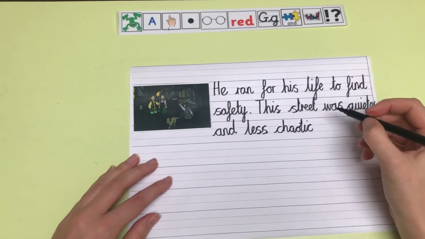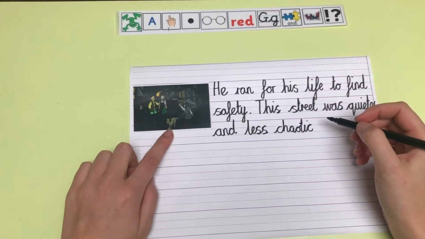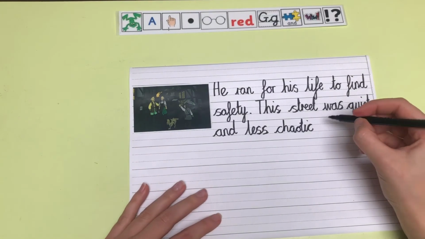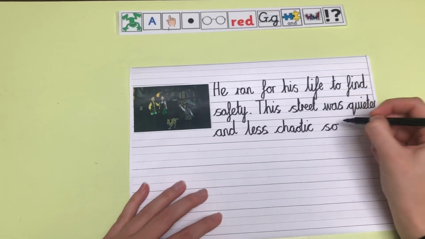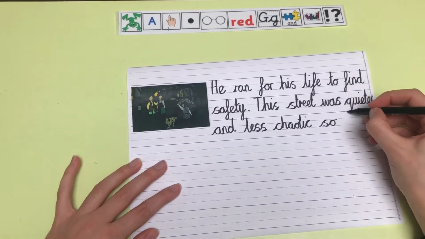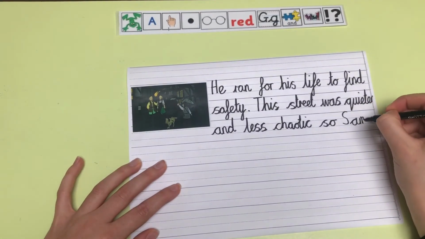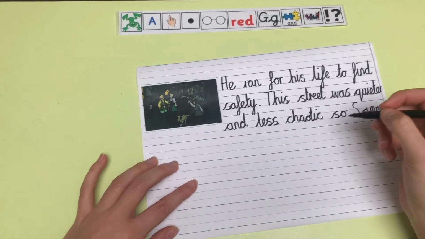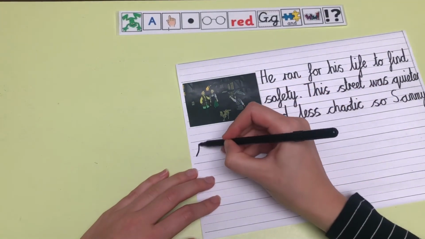Less chaotic. And because of that, he started to slow down. Instead of running, he then started to walk. So I've used a conjunction there. So Sammy began to slow down.